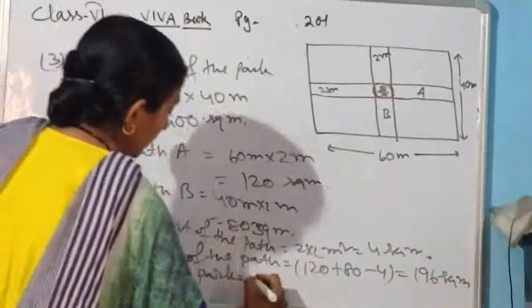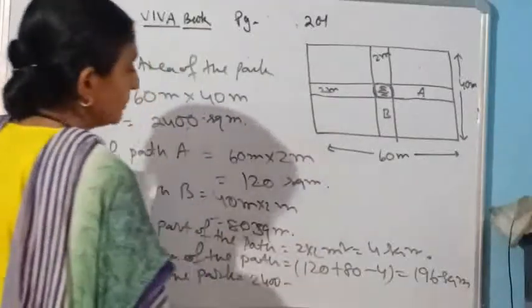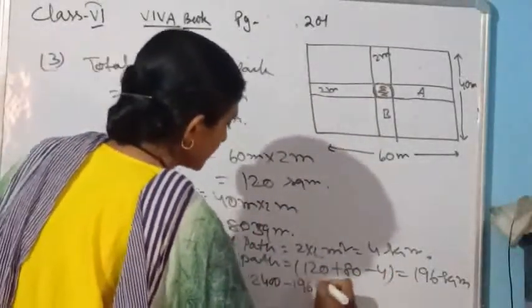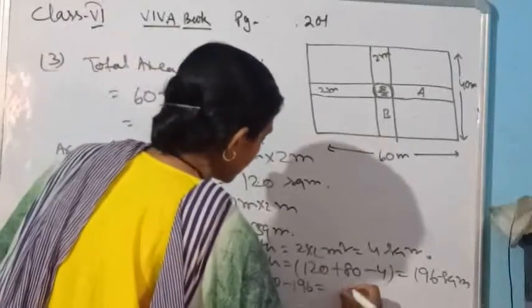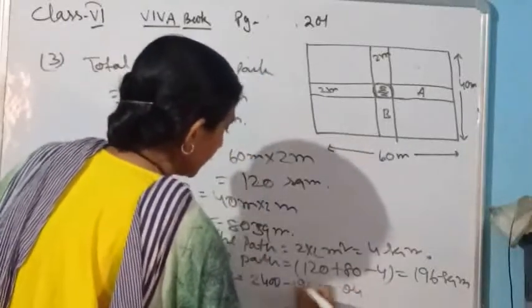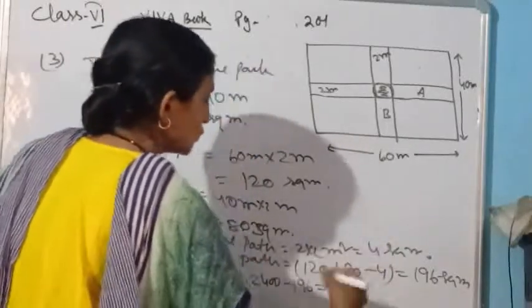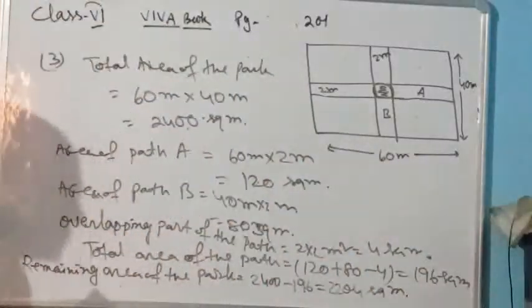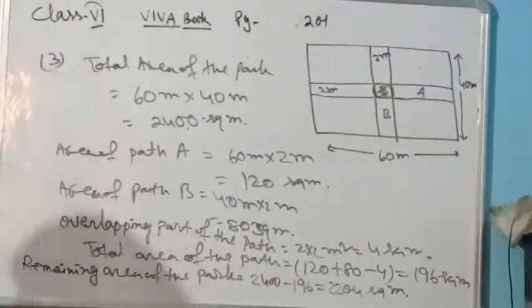The total area 2400 minus occupied area 196 equals, let's subtract. Yes, 2204 square meter. This is the unoccupied area in this park.